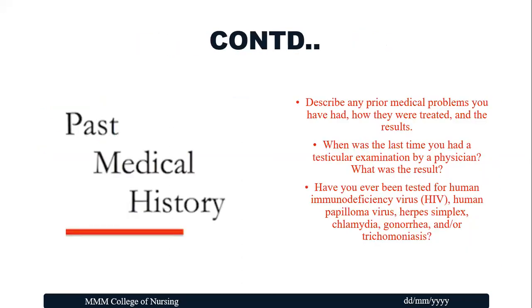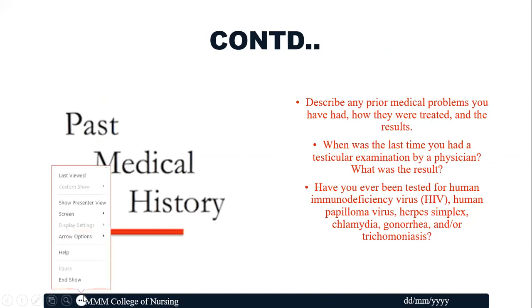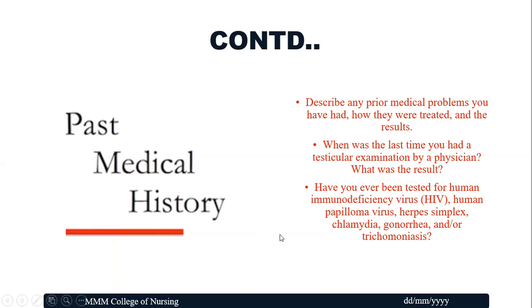Moving on to the past medical history. We have to inquire about the prior medical problems, what he is suffering from, how they were treated and the results of it. When was the last time he had a testicular examination done by a physician or by self, and what was the result?